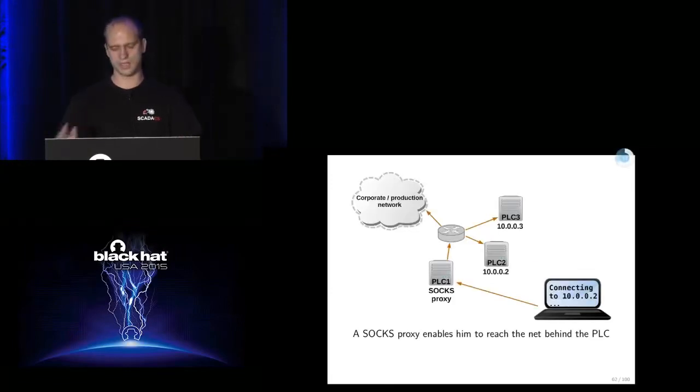We will show you later in our demo video a CVE that we disclosed to Siemens in March, a DNF service exploit, and we tested it in our laboratory. So we use PLC1 as a SOX proxy and have tunneled our exploit through PLC1 and have driven a denial of service attack on PLC2 using the TSOX library for tunneling our exploit traffic through PLC1.